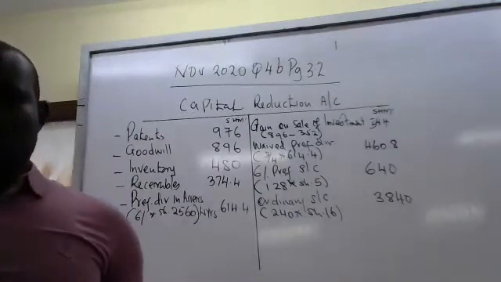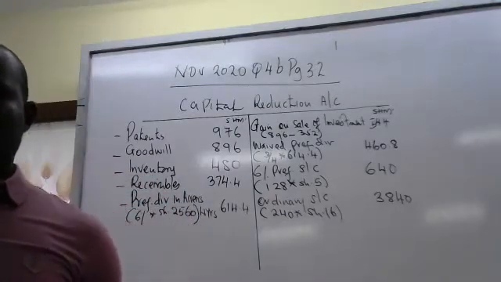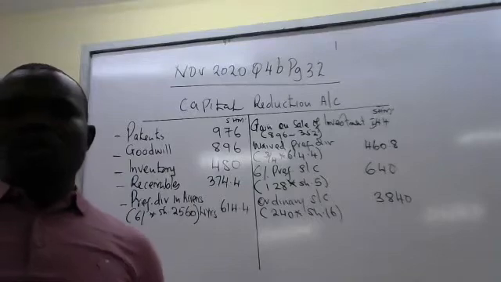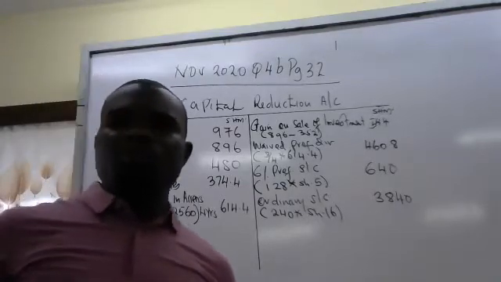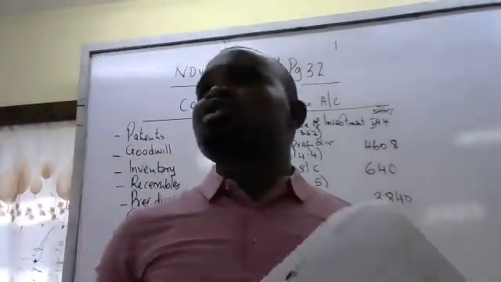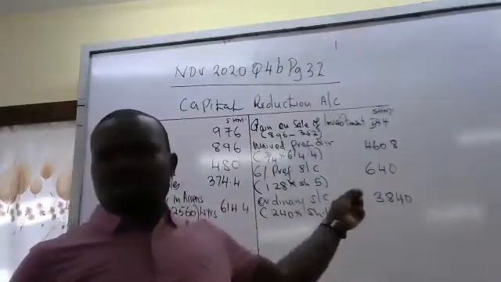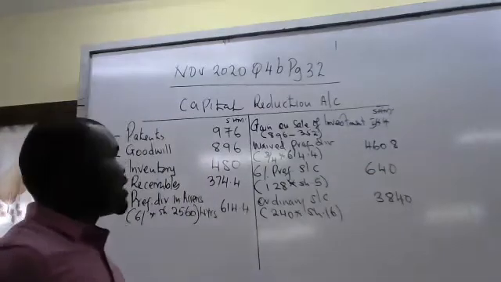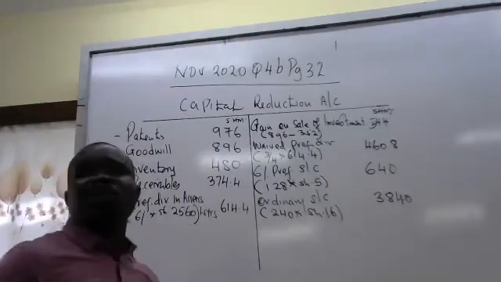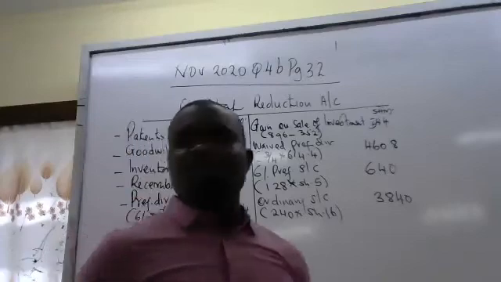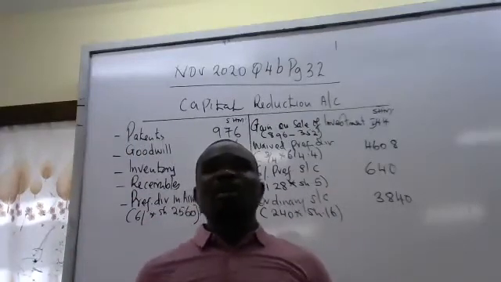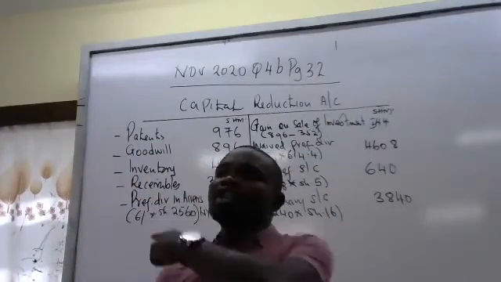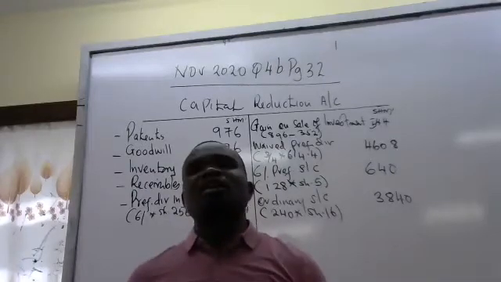Let me respond to Mudoni. Mudoni is asking, why are we not debiting the capital reduction account, since we are losing 5 for preference share? According to you, should we debit? What is making you credit this account?